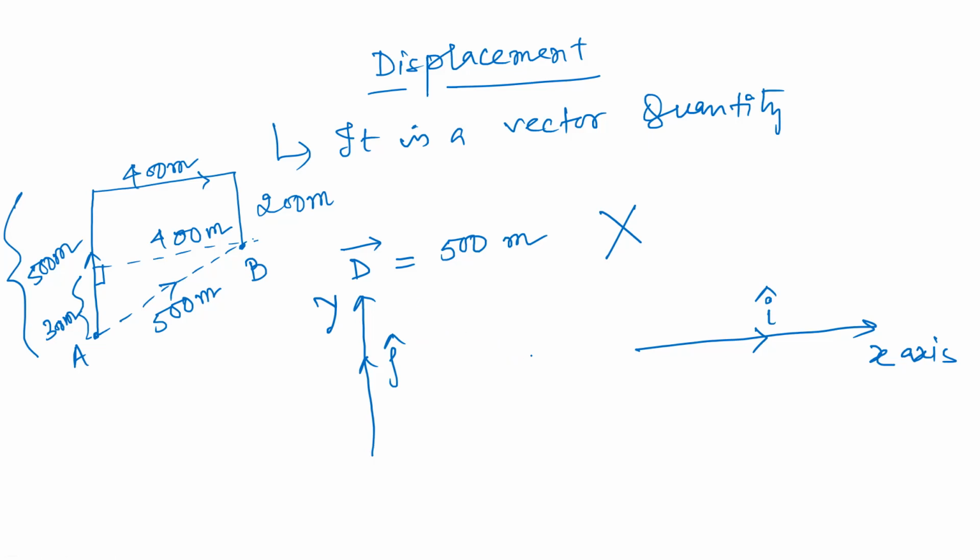But if the object is moving in a plane, that means in a two-dimensional plane, where the x-axis and y-axis, both of the axes are present. This is our x-axis, this is our y-axis, okay? Now if the object is lying at this point, right? So we have to measure the position of the object, right?